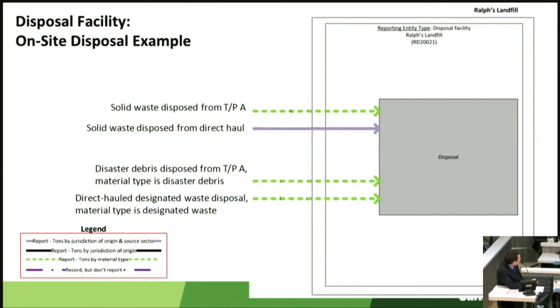Same thing with disaster and designated. Once you report accepting those streams for disposal, that's going to automatically be added to the on-site disposal tally. So essentially, a lot of that information is already going to be typed in for you.